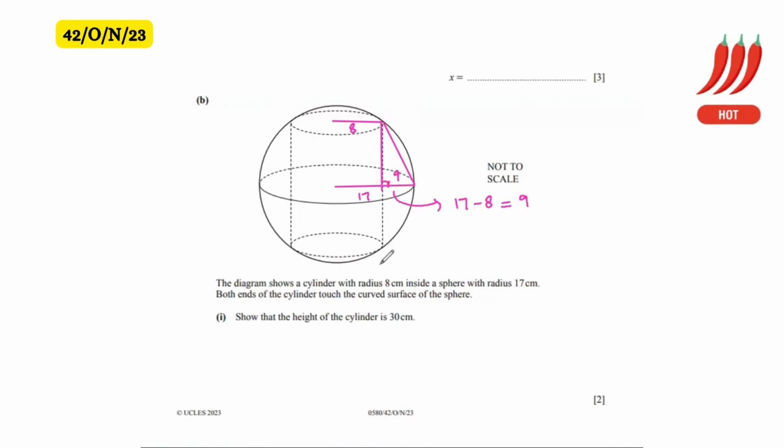You have to show that the height is 30, so that means this would be 15. This would also be 17 because it's the radius going towards the circumference. And we can use that instead. So let's use this triangle over here. This is 17 because it's coming from the center and going towards the circumference. So let me just remove this so that there's no confusion.